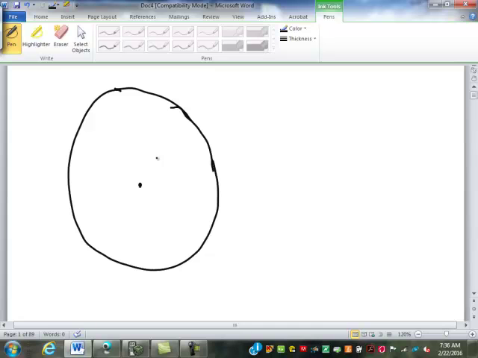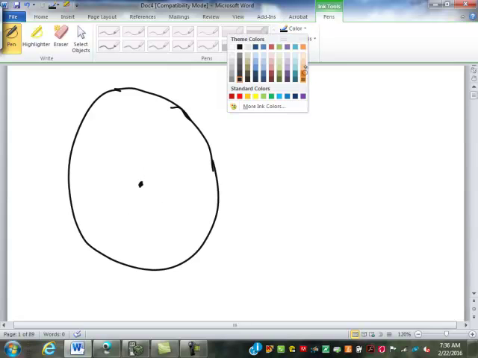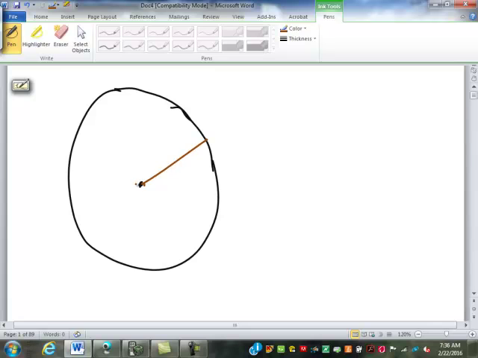So back to our circle. We have different angles that can be defined on our circle. One angle has its vertex at the center of the circle. That is called a central angle.